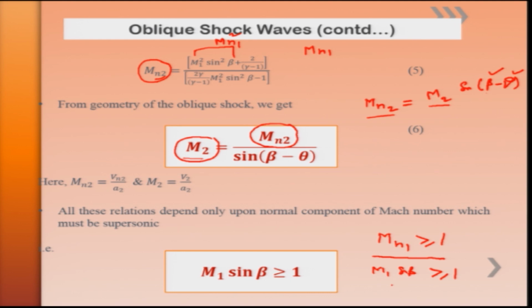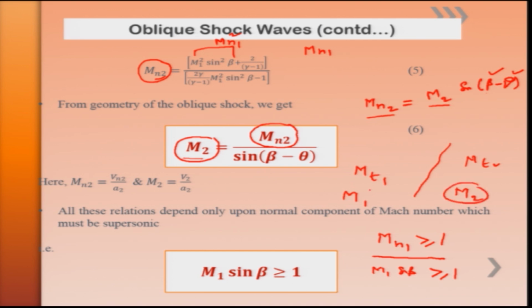Since the tangential component of the Mach number, Mt1 upstream of an oblique shock wave and Mt2, remains unchanged, we find that in an oblique shock wave it is not necessary that the downstream Mach number is always subsonic, unlike normal shock waves.